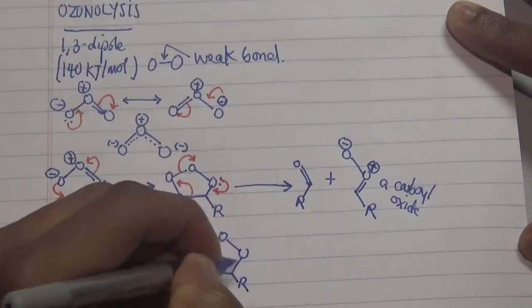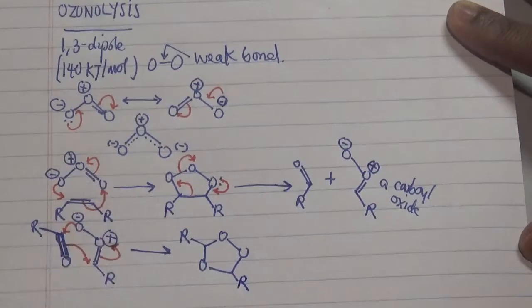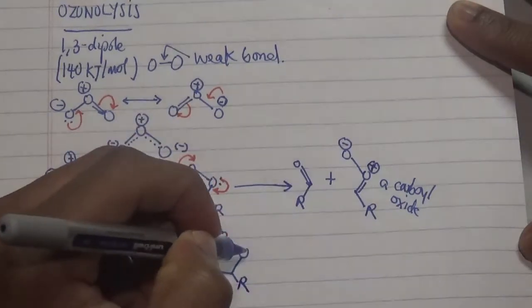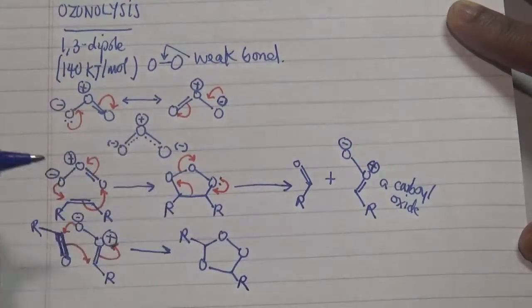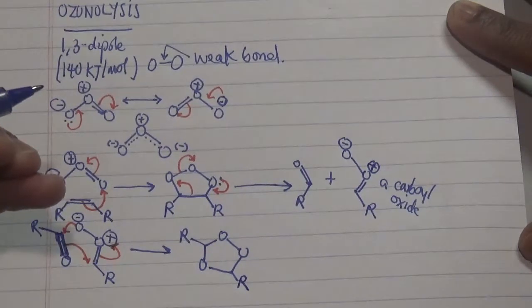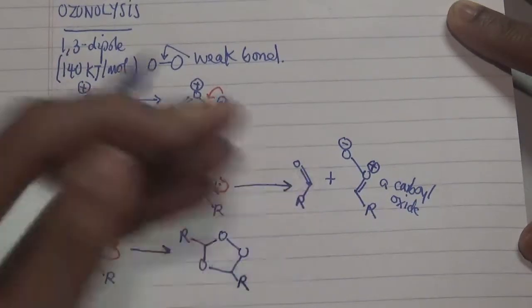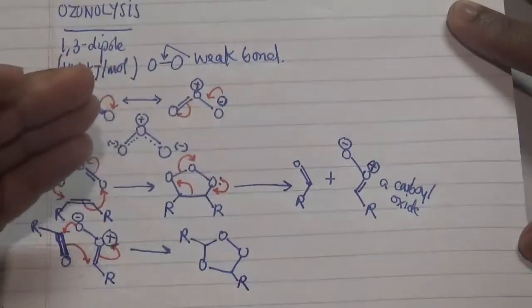Now once you're able to form this, what we usually do is that we add an OsO4 reagent, which actually does something quite interesting, which is to actually break a particular bond in such a way that we get two aldehydes in here.